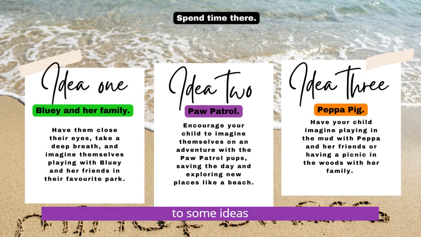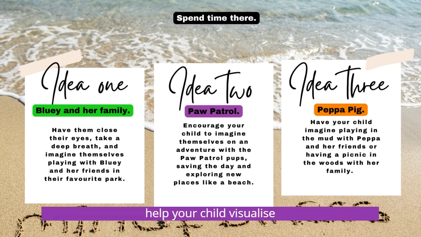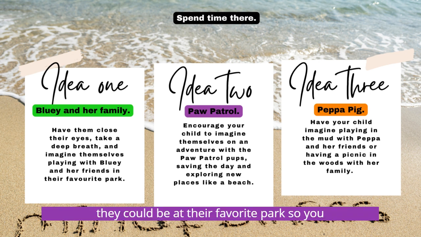So some ideas that you can use to help your child visualize. Idea one is a popular TV show called Bluey and Her Family. So help your child to close their eyes, take a deep breath, and imagine themselves playing with Bluey and her friends. They could be at their favourite park.